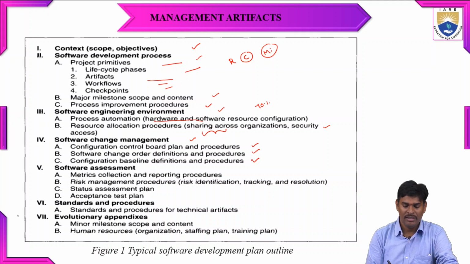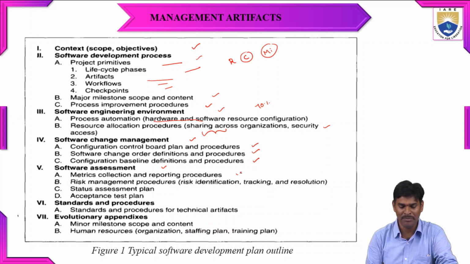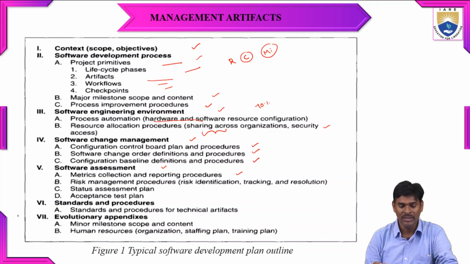The fifth point is software assessment. During this assessment, they need to check the measures of the metrics, collections and the reporting procedures. They need to verify the different types of procedures, and how they are going to carry out the different types of assessment for maintaining the software properly.